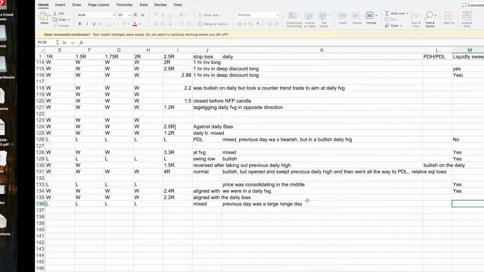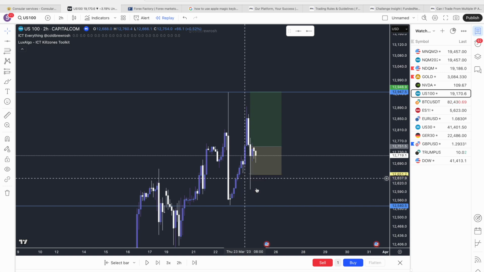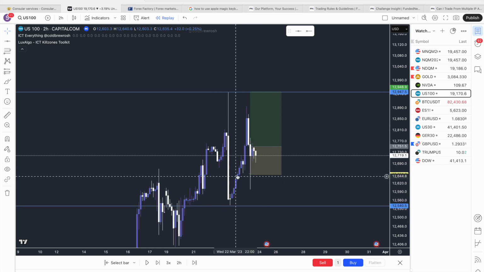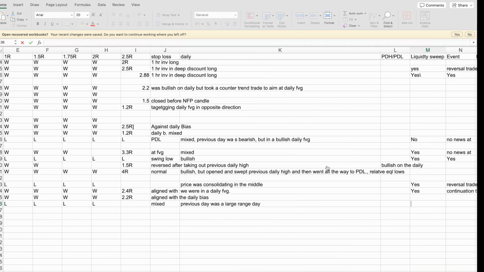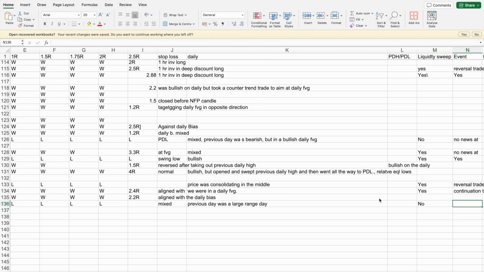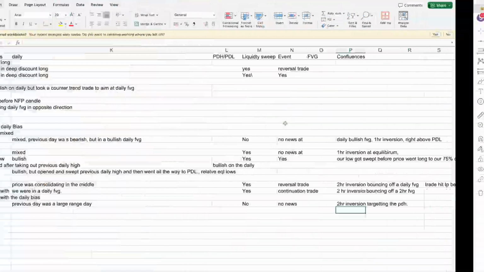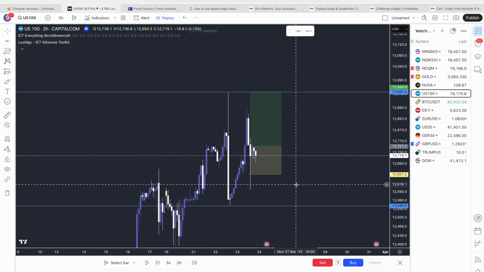There wasn't a liquidity sweep either. Yeah, no liquidity sweep. I mean, you could say this one, but I want something more recent. No use. Confluence is 2R inversion, targeting the previous daily high. Let's save this. Okay, and the loss is a loss.